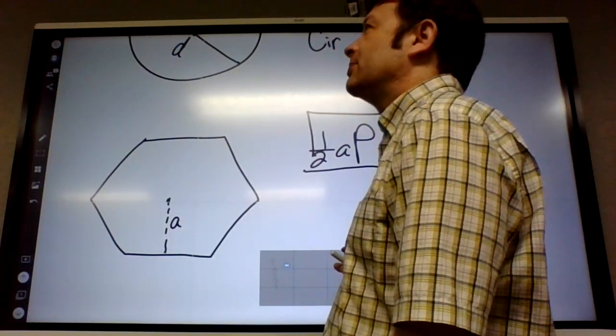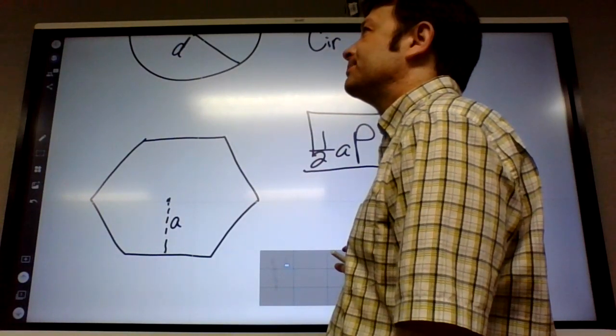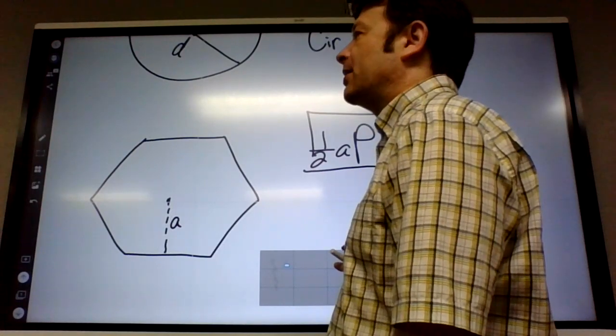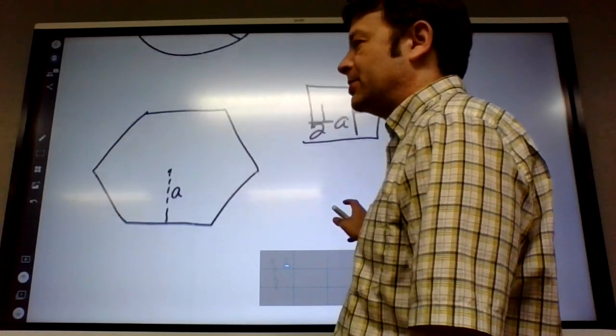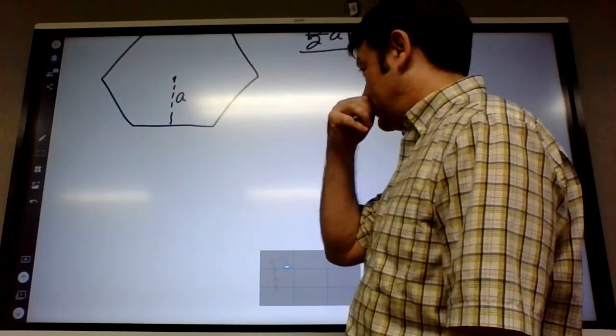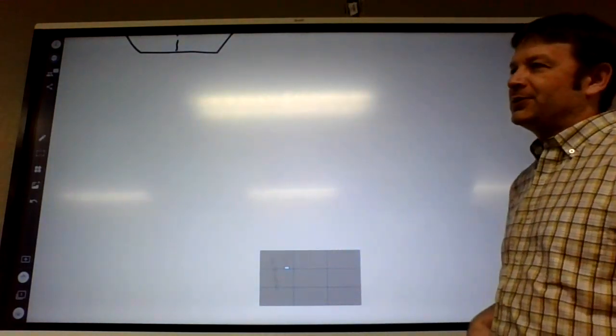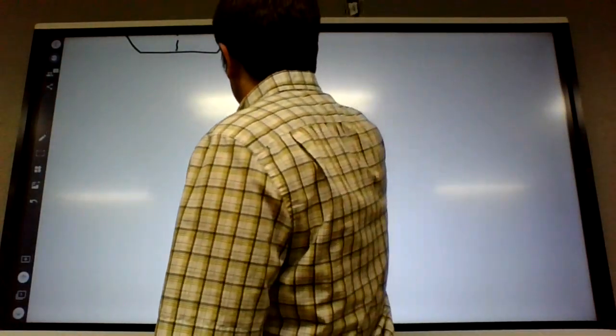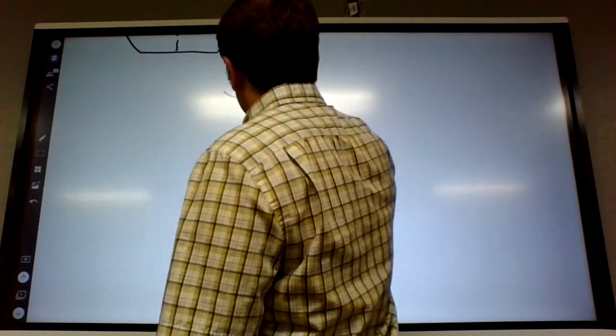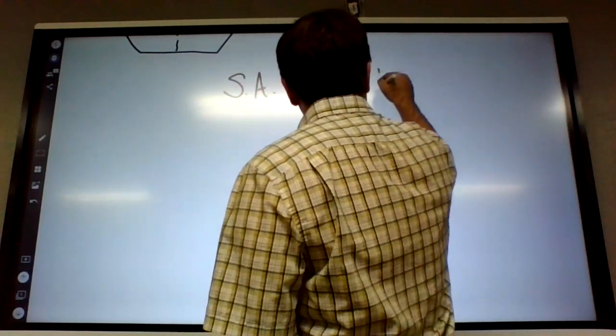Let's see, what's next? Alright, I think I did all the polygons. The back of this worksheet also has surface area and volume, so this is for 3D, with more room to write notes.